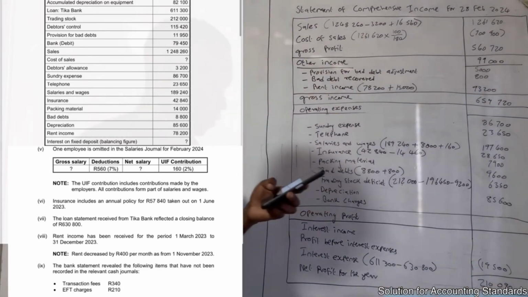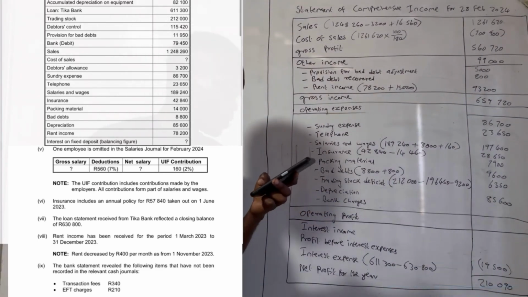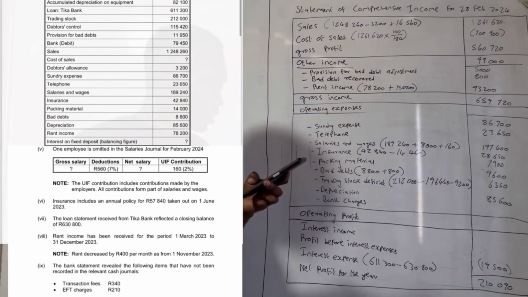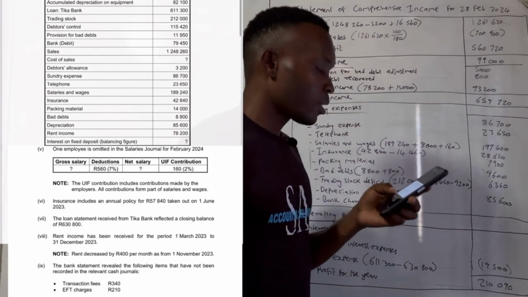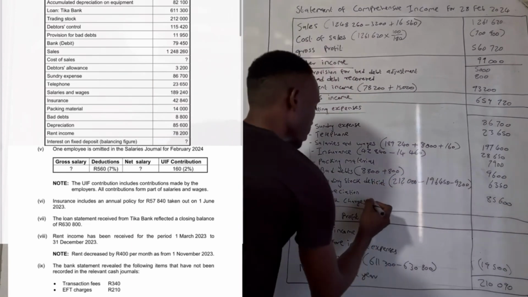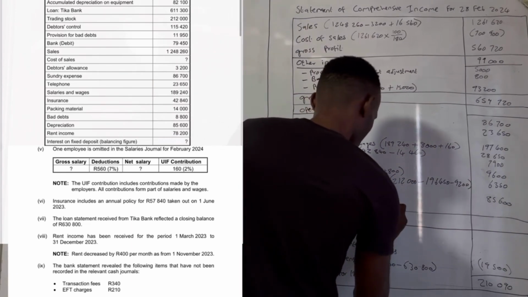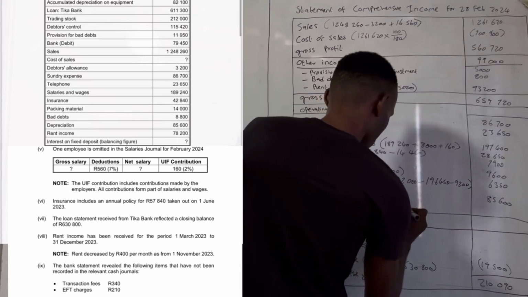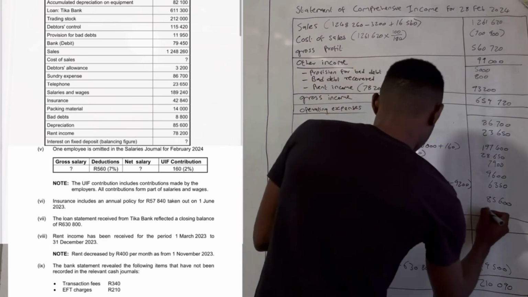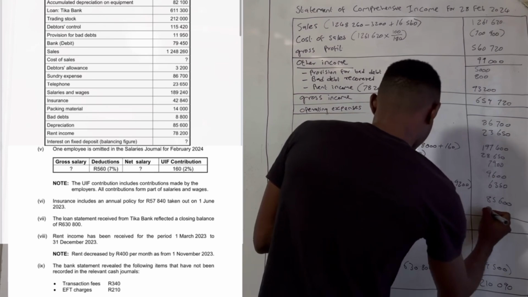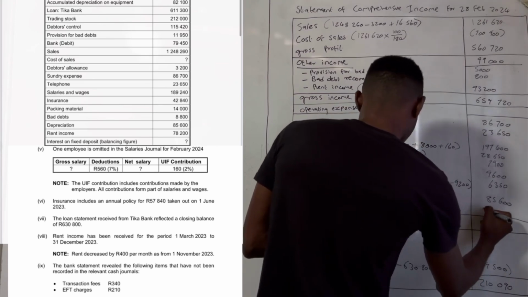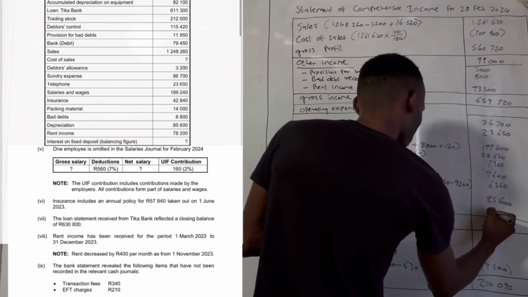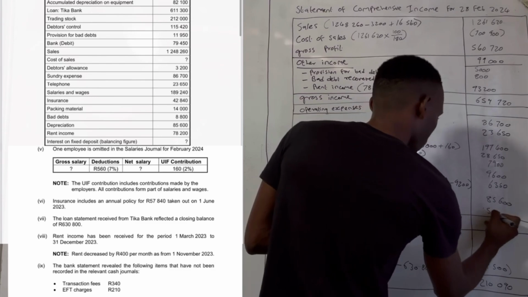Bank charges. The bank statement reveals the following items that have not been recorded in the relevant cash journal. Transaction fee and EFT, you just add them together, they will give you bank charges. 340 plus 210 is going to give you 550.